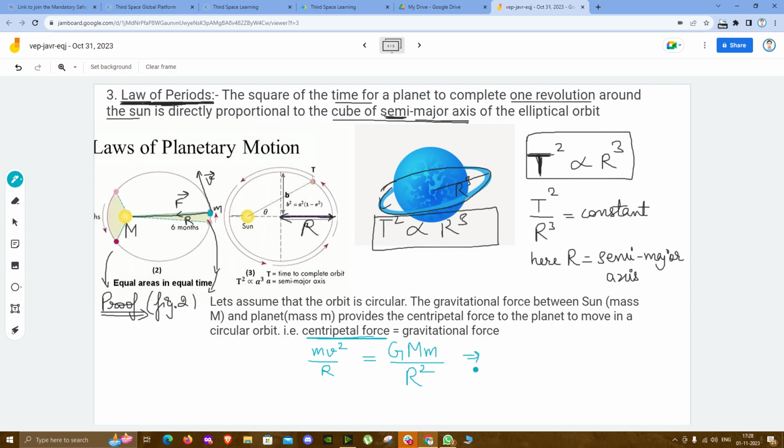From this we can conclude that GM divided by r is equal to v square. Okay, GM divided by r is equal to v square. Now this is the relation that we have figured out.